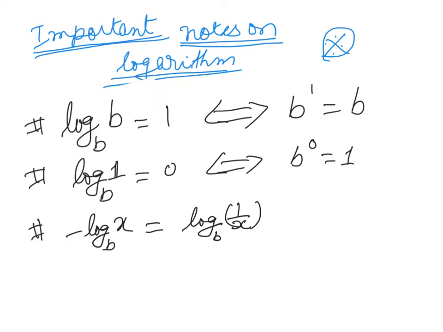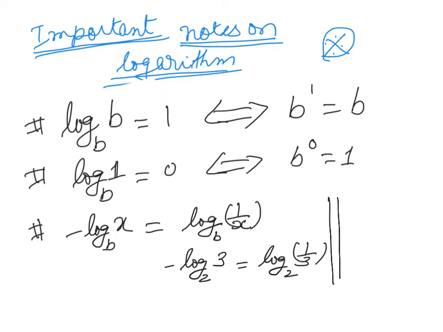Let me take you to one example here. For example, negative logarithm of 3 to the base 2 is the same as logarithm of 1 over 3 to the base 2. This is also similar to logarithm of 3 to the base 1 over 2. So I can write it in both ways.